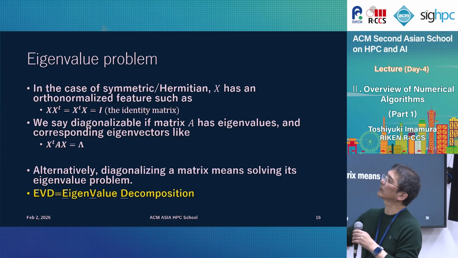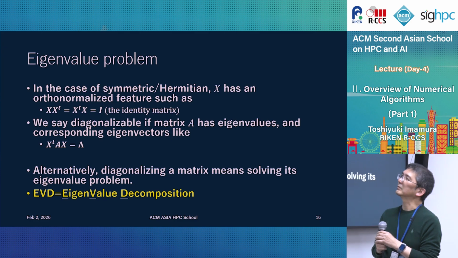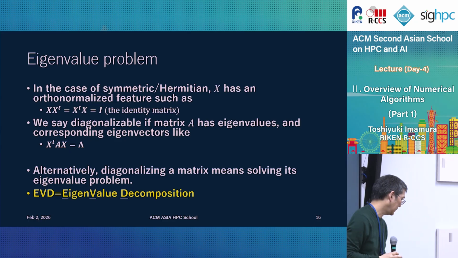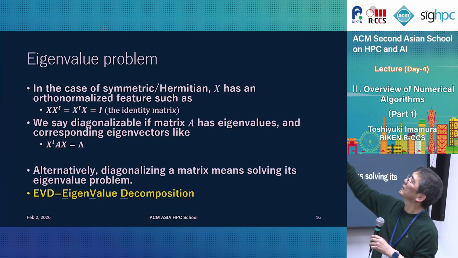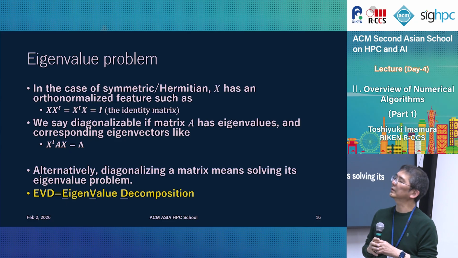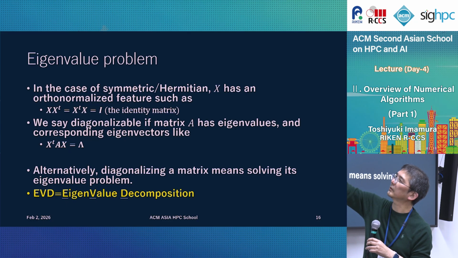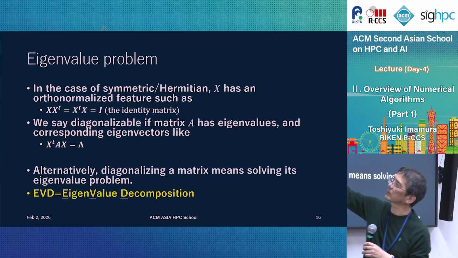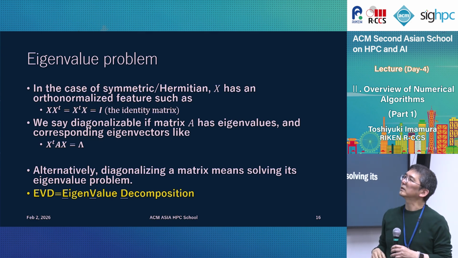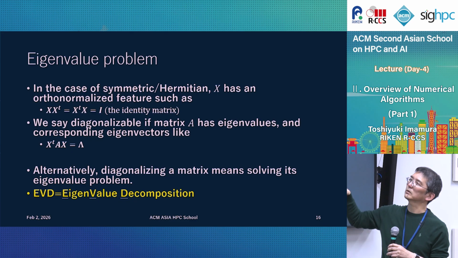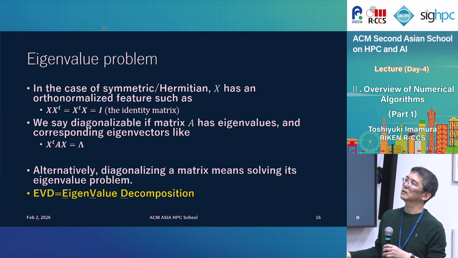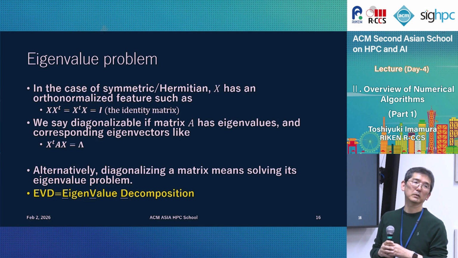If we compute X and X transpose, I should use H for a Hermitian matrix: X X conjugate transpose, and also the other order, X conjugate transpose X. They should be the identity matrix.